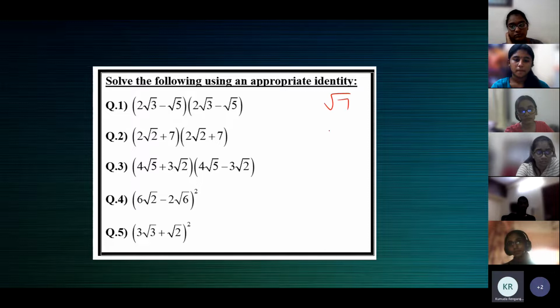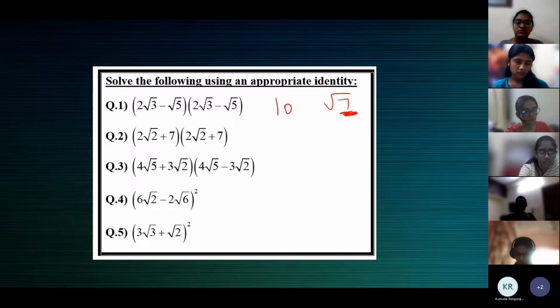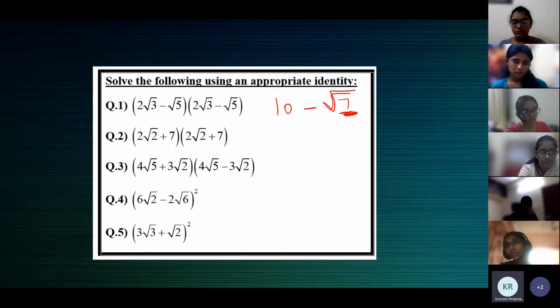Now again, root 7 is irrational and 10 is rational. Root 7 is a non-terminating, non-repeating decimal. 10 minus this value will also be a non-terminating, non-repeating decimal. 10 is a terminating decimal, but the value of root 7 is a non-terminating, non-repeating decimal, so you can just imagine the difference.